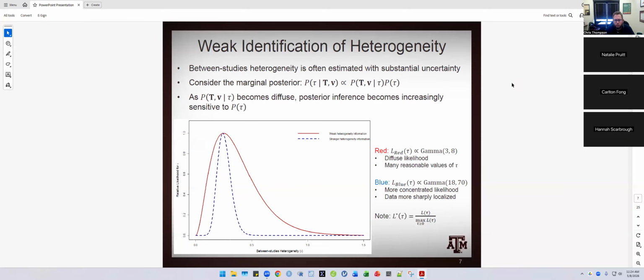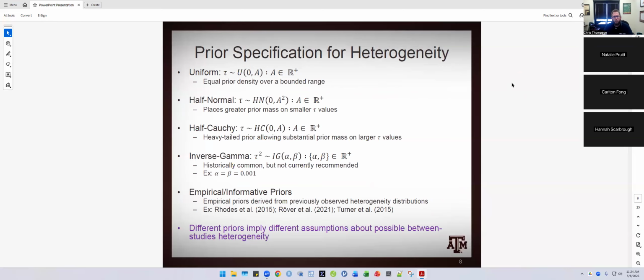Okay, so what priors can we use? I have listed 5 here, but it's really 5 and change. There is no order of importance or anything. They are just ones that are commonly used.